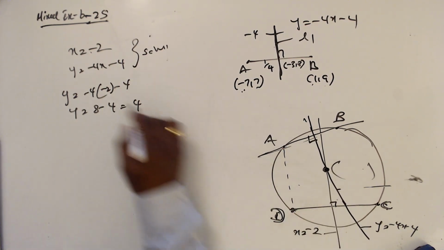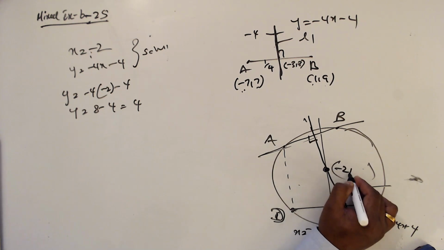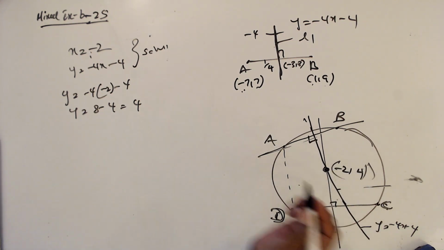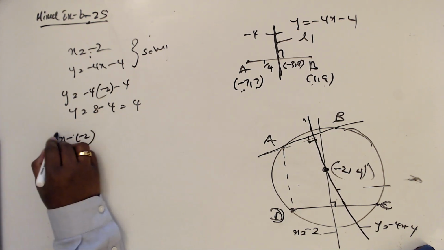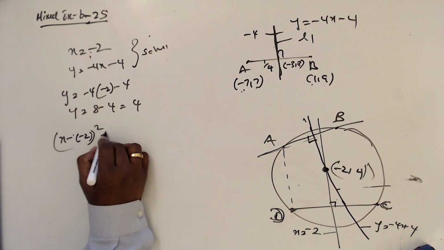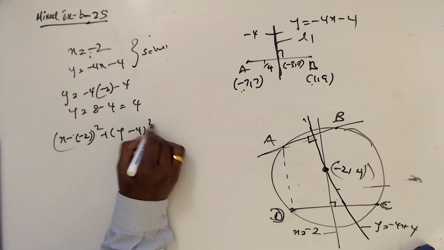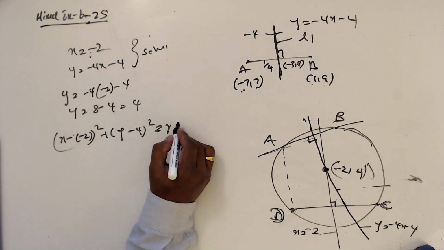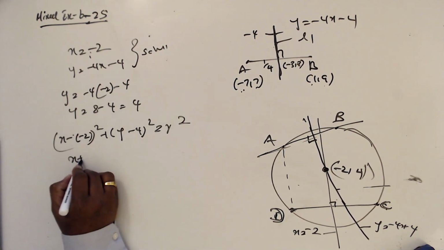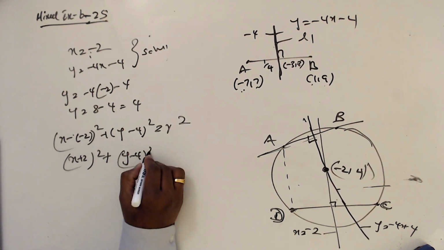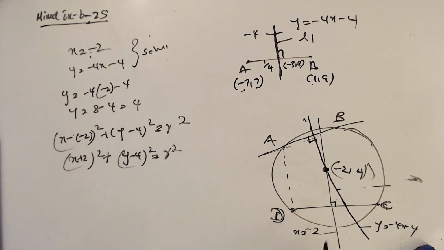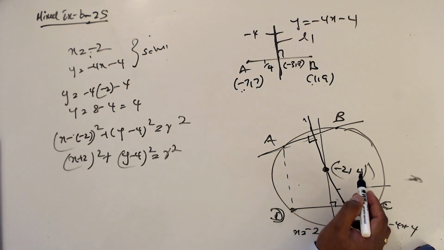So the center is minus 2, 4. Now x minus minus 2 squared plus y minus 4 squared equals r squared. It means x plus 2 squared plus y minus 4 squared equals r squared. Now we can find the radius. We know the point.